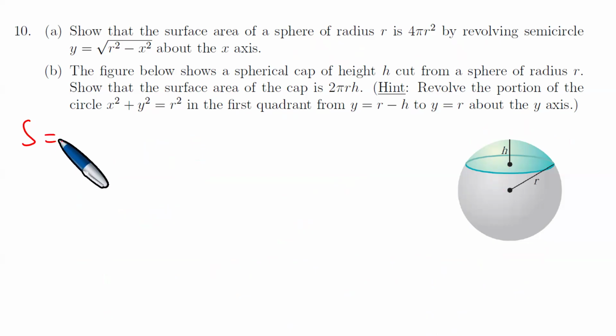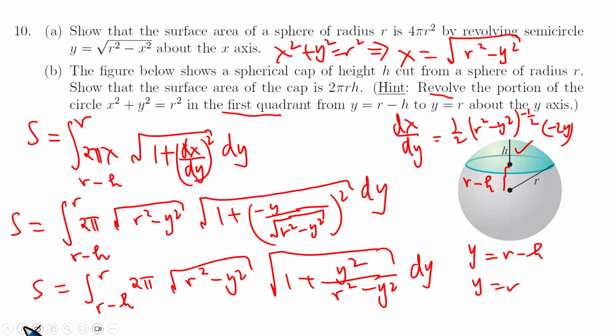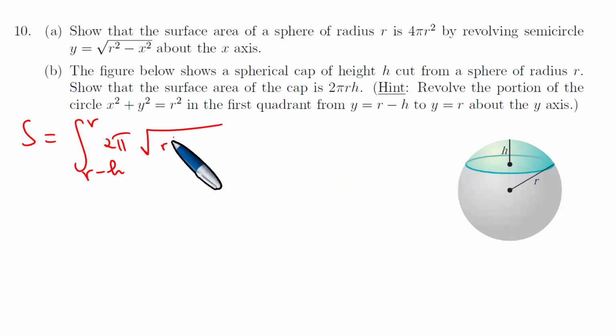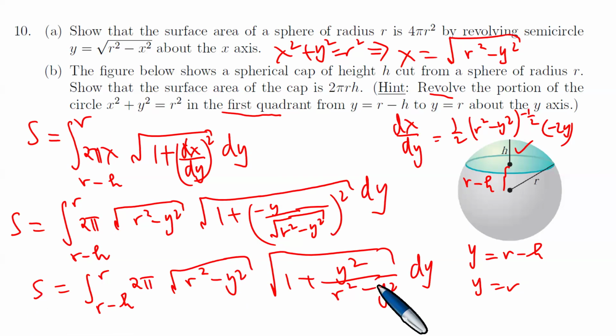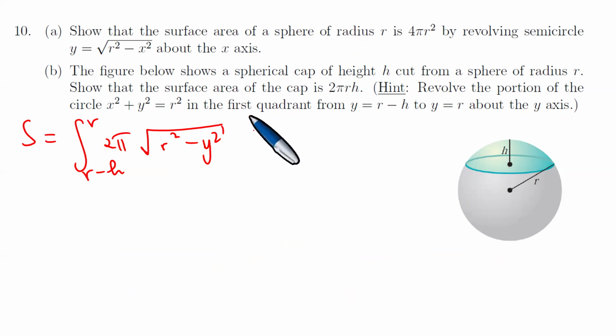We have the area from r minus h to r, 2 pi times the square root of r squared minus y squared, and then you have this one here. You do the same thing: you factor out 1 over the denominator, so it becomes 1 divided by the square root of r squared minus y squared.